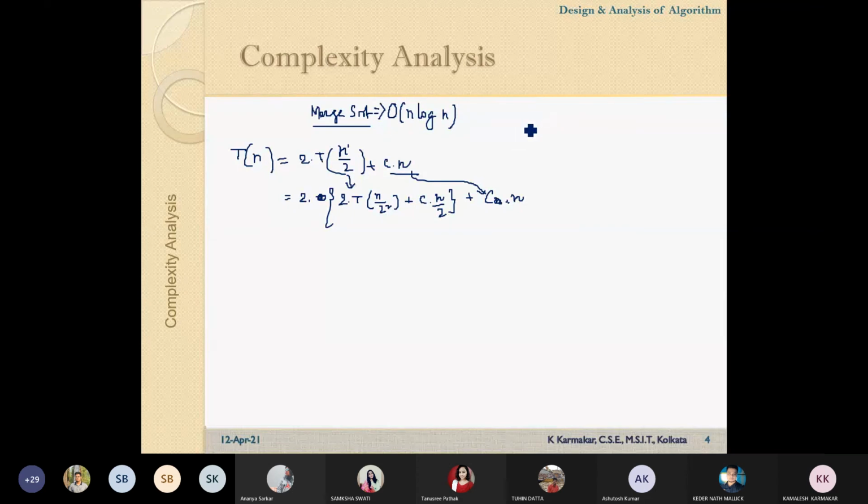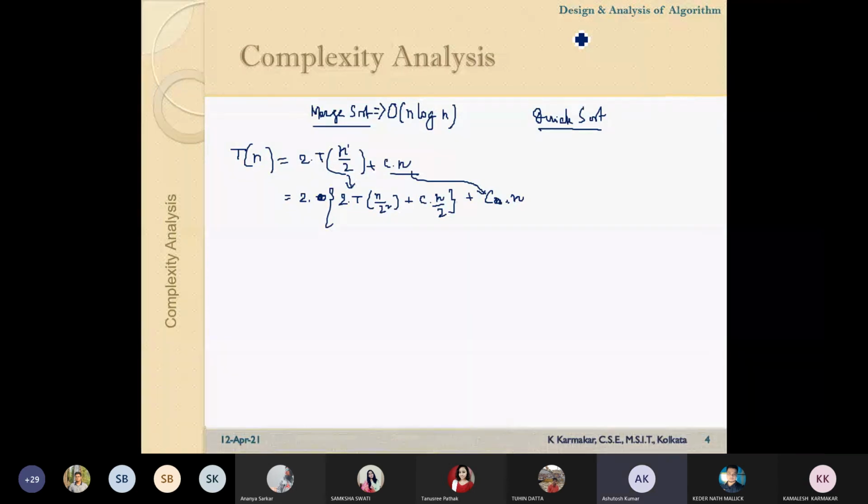In case of quick sort, what will be the complexity? What is the complexity of quick sort? The name is quick, so it should be less than n log n.